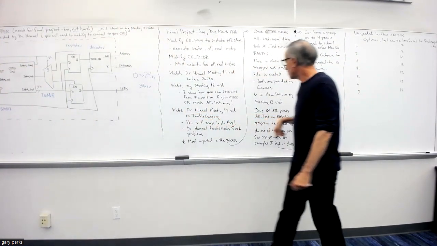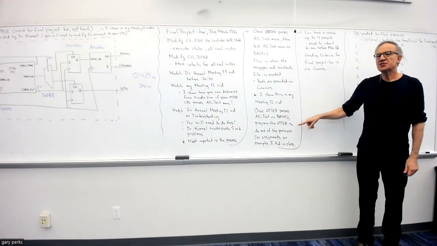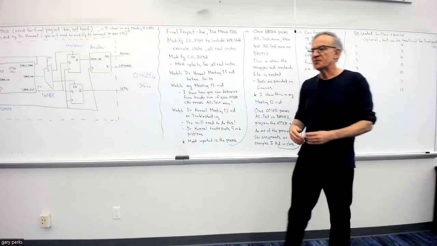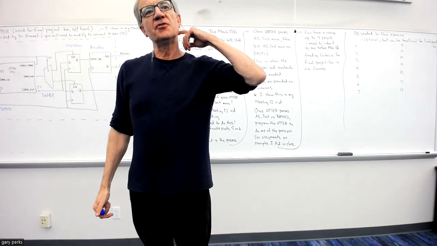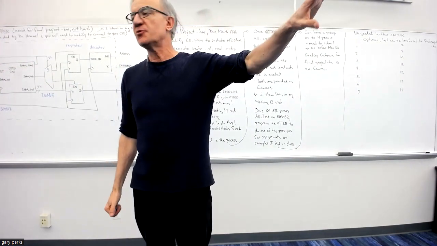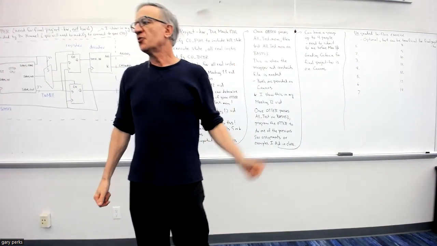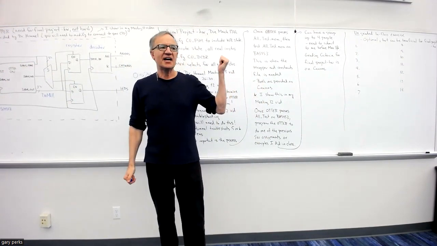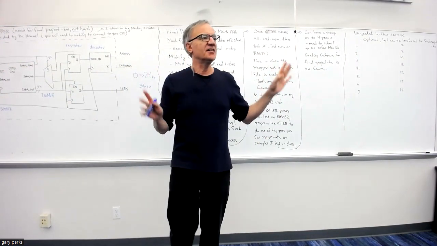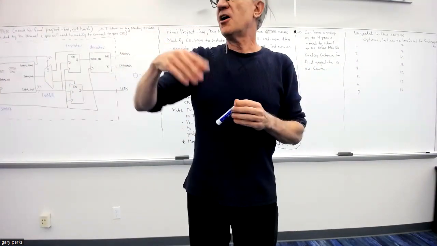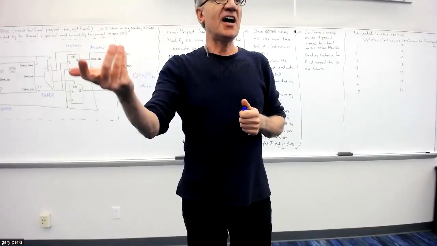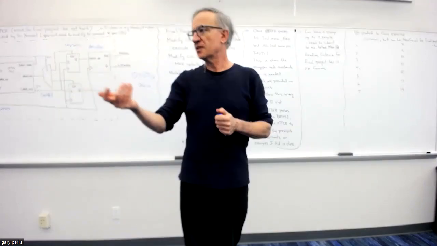What I'm requiring is that you program it to do something that you previously wrote a program for, like one of the previous software assignments or one of the examples that I did in class. It can be any of those. You'd have to put it into RARS and make a mem file out of it.